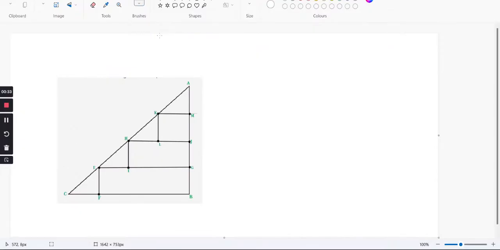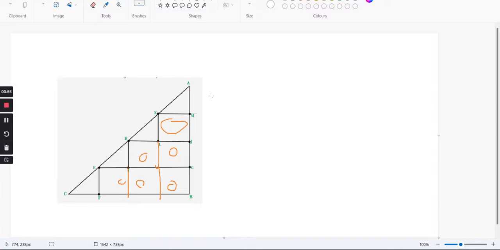For example, in this case, we can cut out this square, and we can cut out these two squares, and we can cut out these three squares. So 1, 2, 3, 4, 5, and 6.